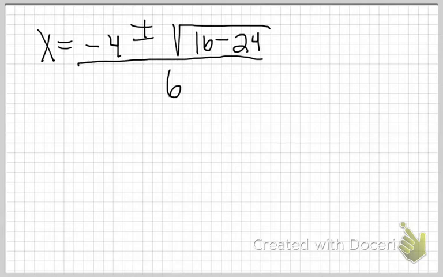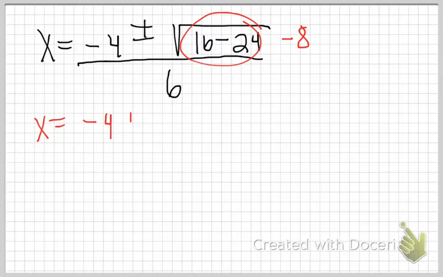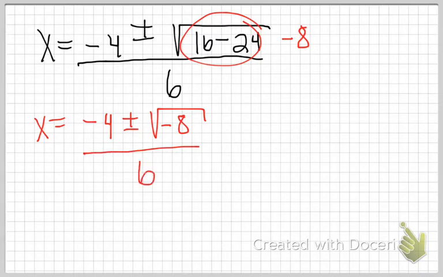Combine like terms. The 16 and the negative 24 becomes negative 8. So x equals negative 4 plus or minus the square root of negative 8, all over 6.